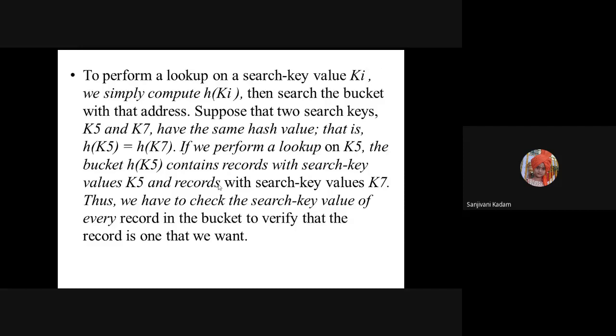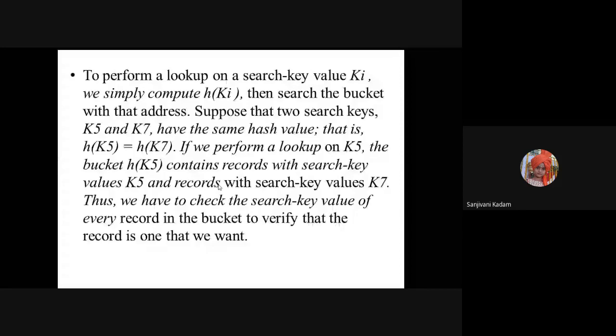To perform a lookup on a search key value Ki, we simply compute the hash of Ki, then search the bucket with that address. Suppose that two search keys K5 and K7 have the same hash value, that is, both give the same bucket number.